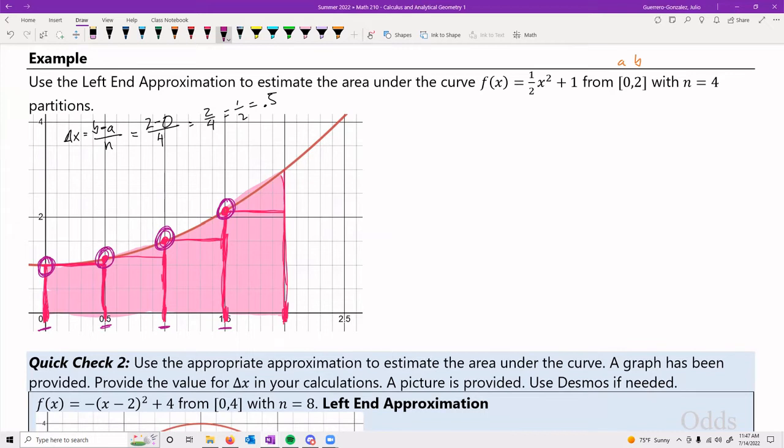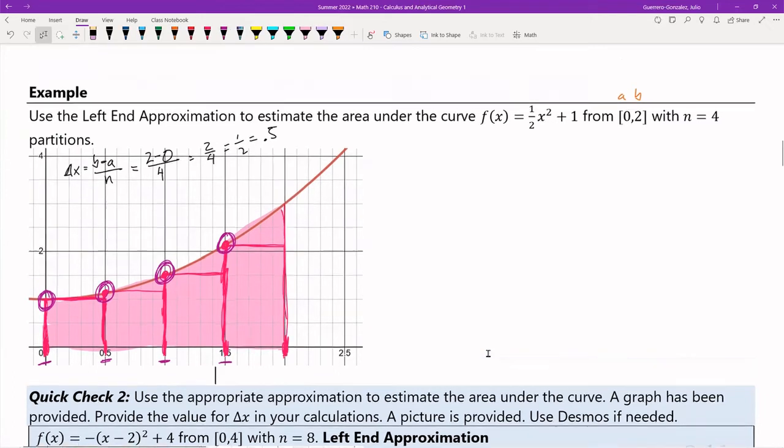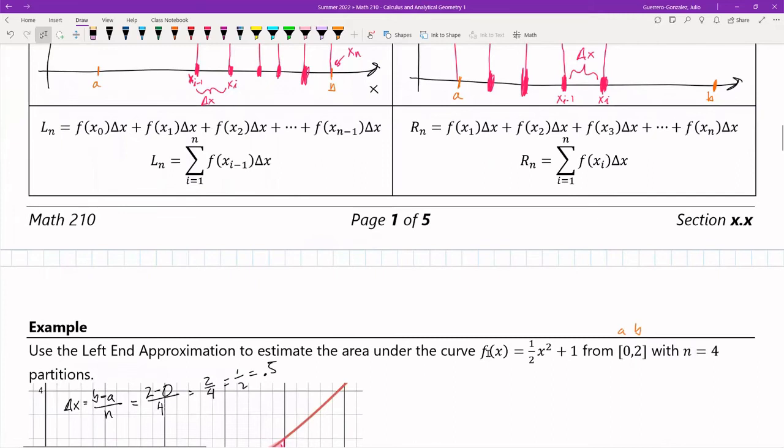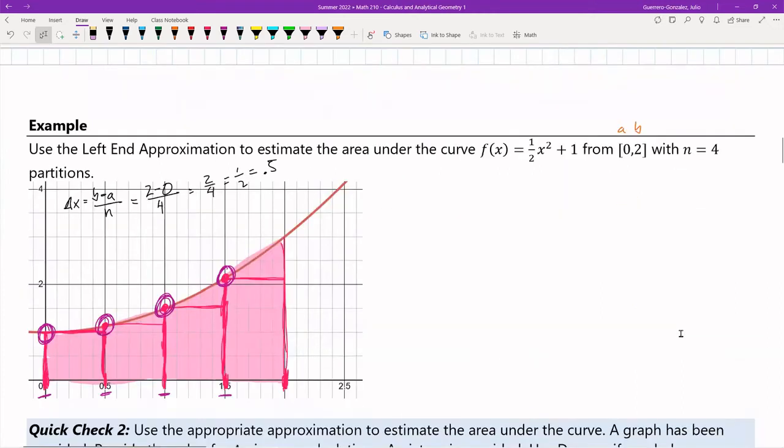Okay. So now I need to find the area of each one of these, right? So what I'm going to do now is use this formula that I have up here. So it's f of x0, f of x1, f of x2, f of x3 times delta x by each one, right? So I'm going to come right here.